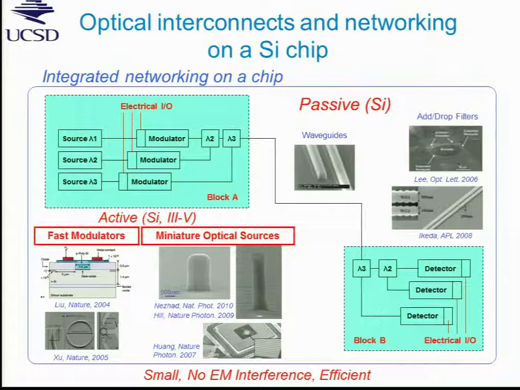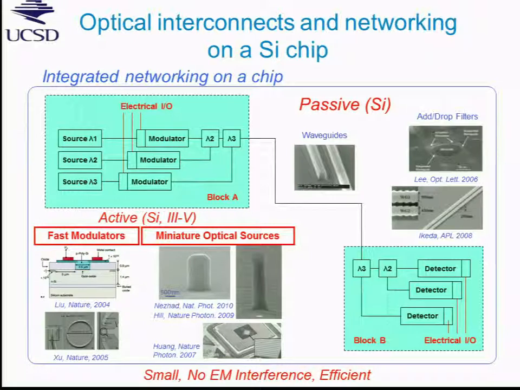We need to construct a network on a chip. We need to have lasers, sources of radiation, ideally at different wavelengths. We need to construct modulators, passive optics for filtering, multiplexing, demultiplexing, all different types of light manipulation. And then at the receive end, we need to be able to demultiplex and also detect these signals.